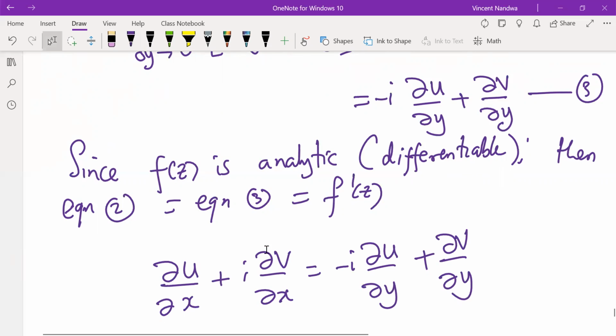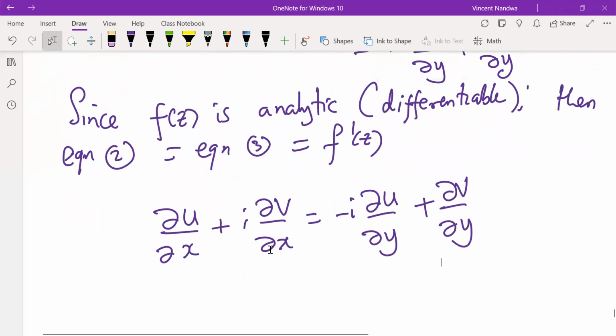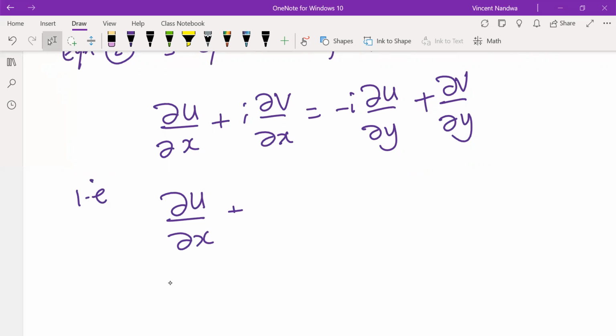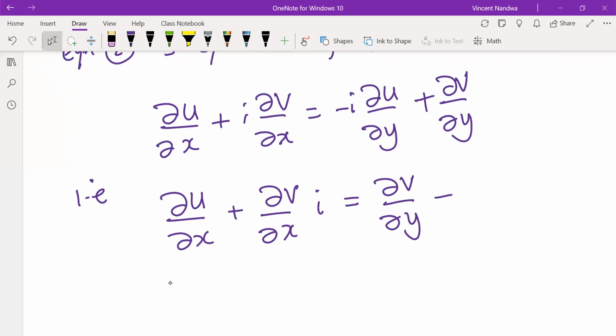Now these are just complex numbers. So this equation can be written as partial u partial x plus partial v partial x times i equals partial v partial y minus partial u partial y times i.